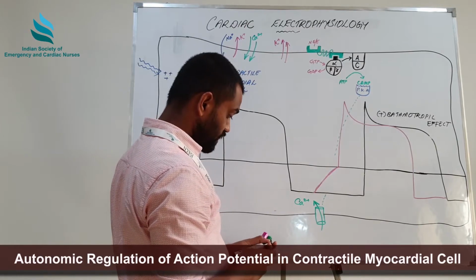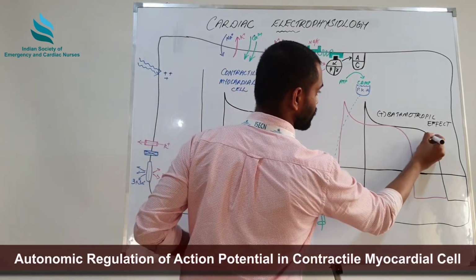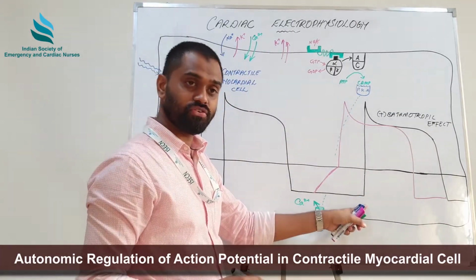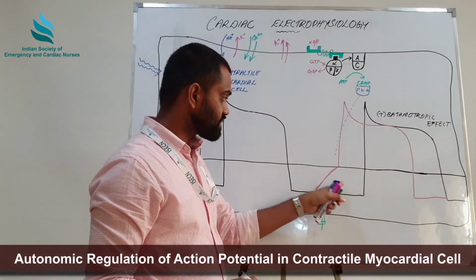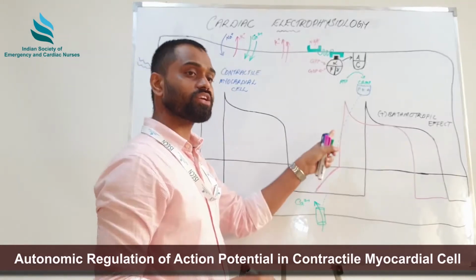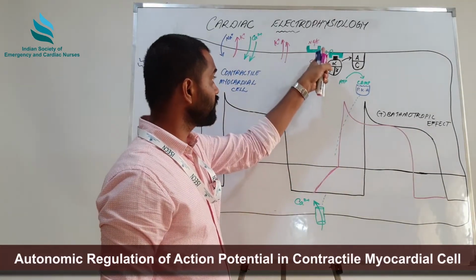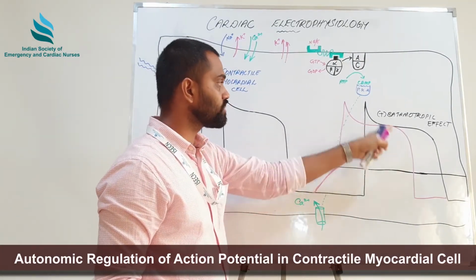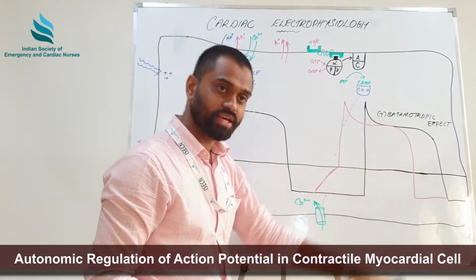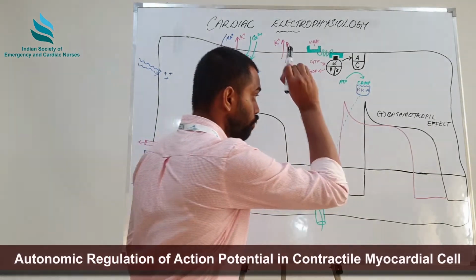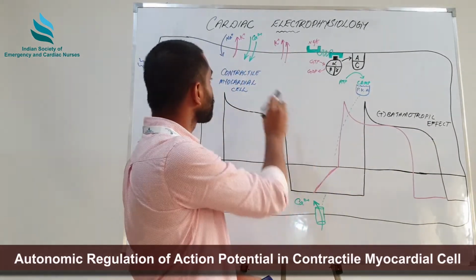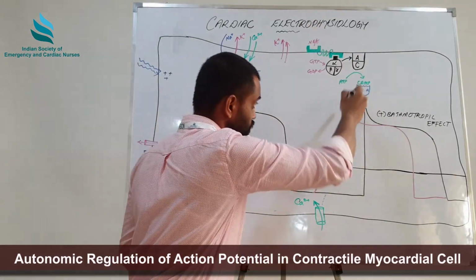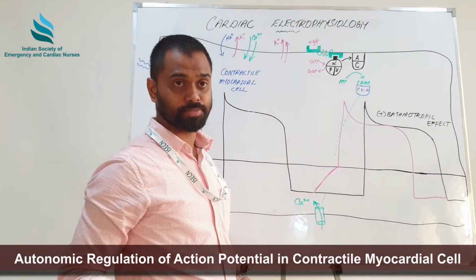Here, before the expected time of the action potential, the cell has generated its own action potential under the influence of the sympathetic pathway. This is what we call triggered activity. We call it bathmotropic effect. So this is one effect that contractile myocardial cells have under the influence of the sympathetic pathway or autonomic nervous system.